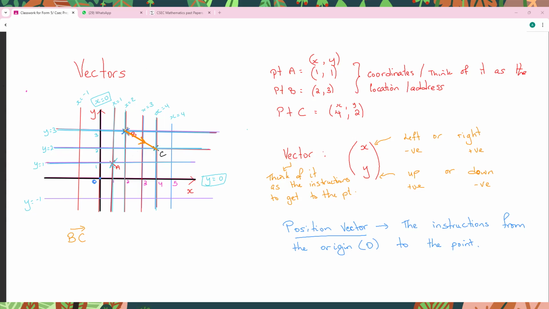Now let's pretend I am at point B, and you are at point C. So I'm asking you how to get to where you are. So you're giving me instructions.